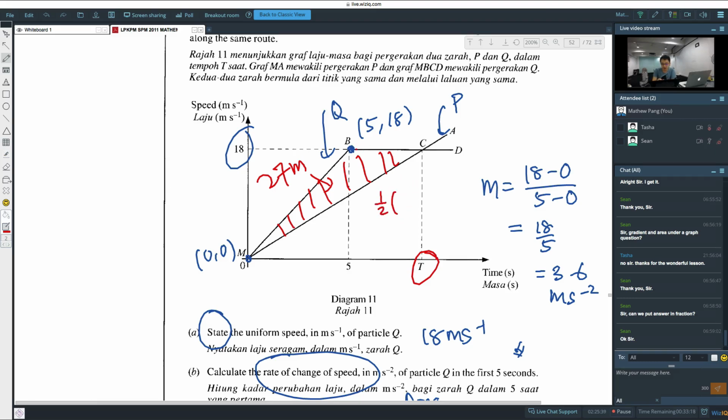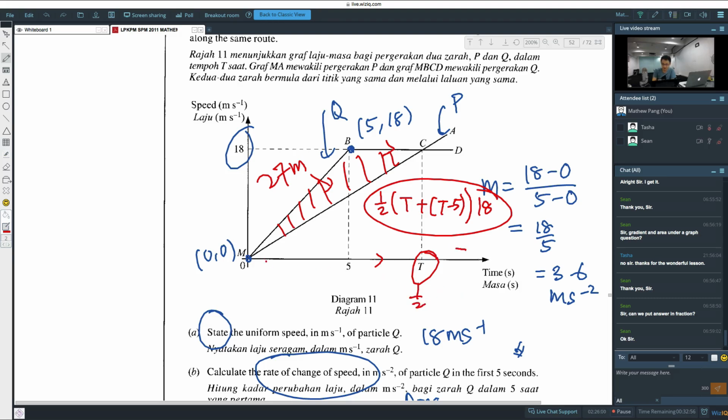Okay, this is the trapezium, minus the triangle. The triangle is half times base times height, which is half times T times 18. So I have to use this one to minus this one, and then it equals 27. Of course, I have to form the equation to solve it.